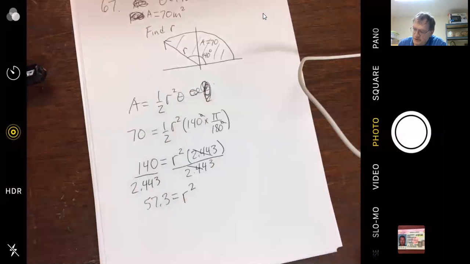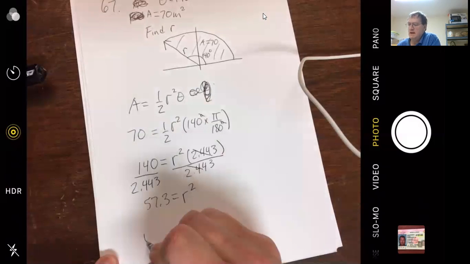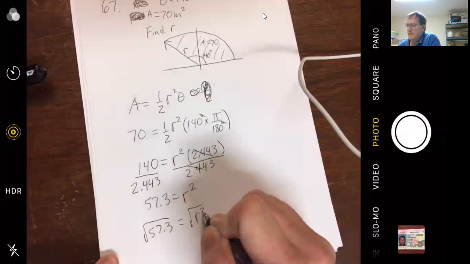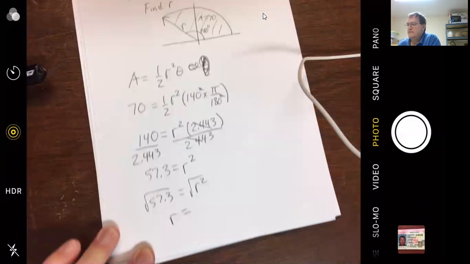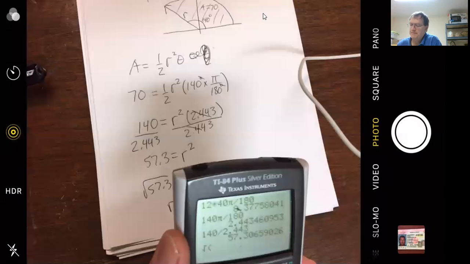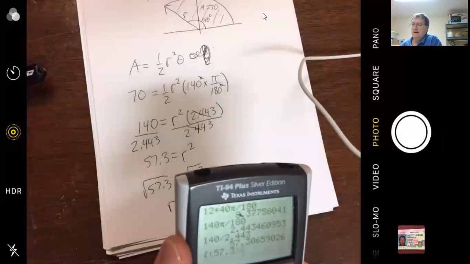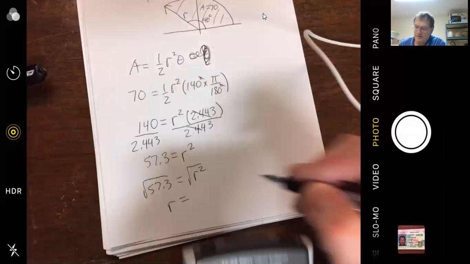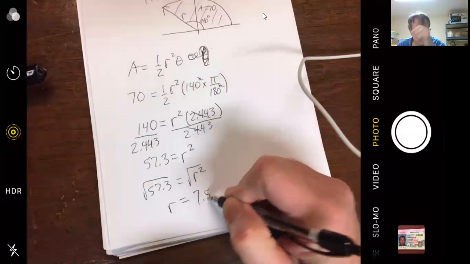And so the square root of 57.3 is the square root of R squared. The R then is the square root of 57.3, 7.5696, call it 7.57. I didn't say meters. We are working in meters. I don't rip you if you don't put the meters.